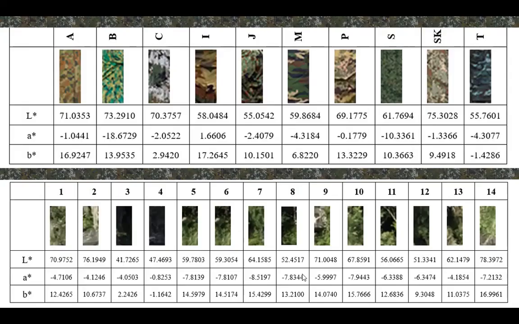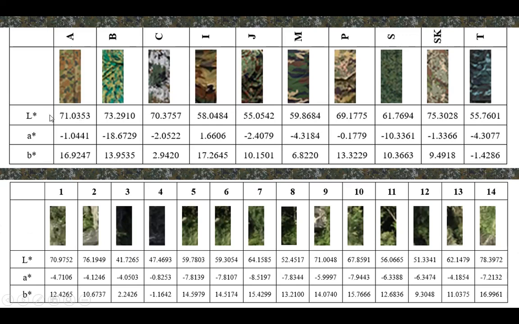Results and discussion. So these are 10 different camouflages that I use. This is just the name. I just give the names A, B, C, I, J, M, P, S, SK, and T. And I evaluated all of these camouflages in these 14 different backgrounds.